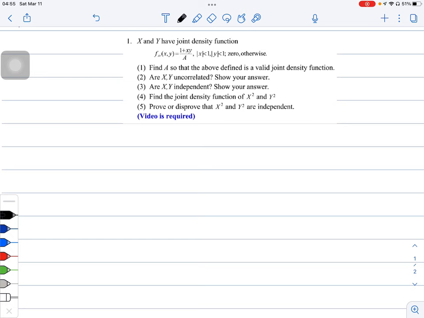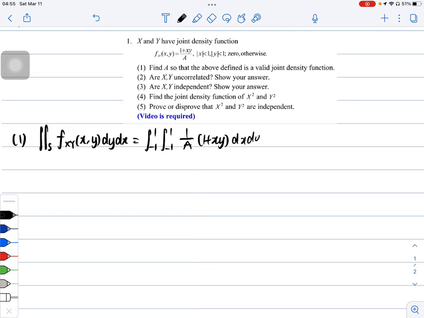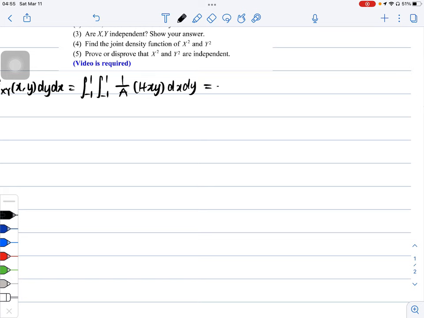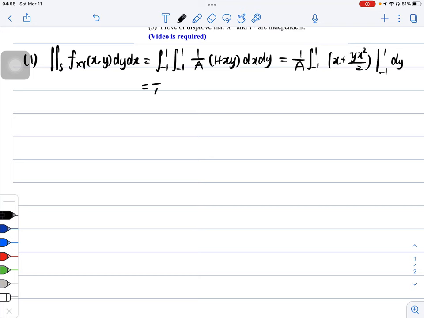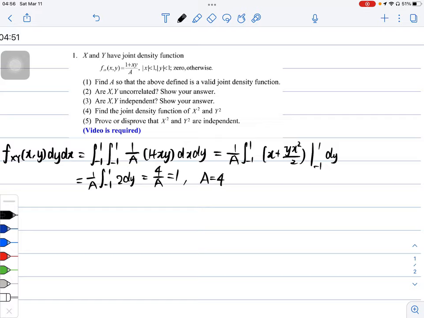So we may use the equation, equals from -1 to 1, equals 1. So the answer is A equals 4.